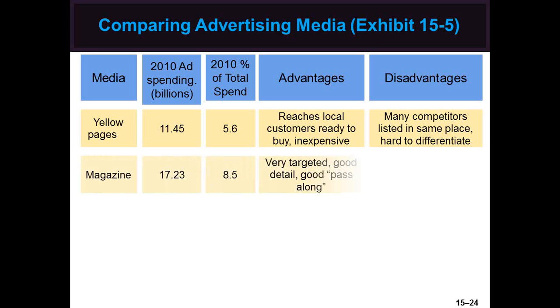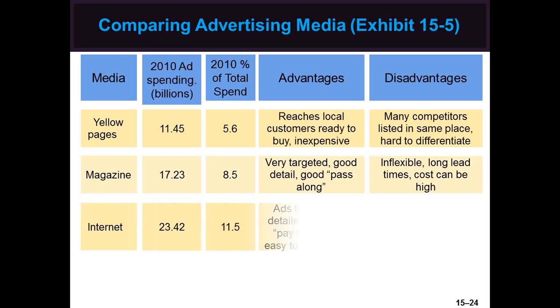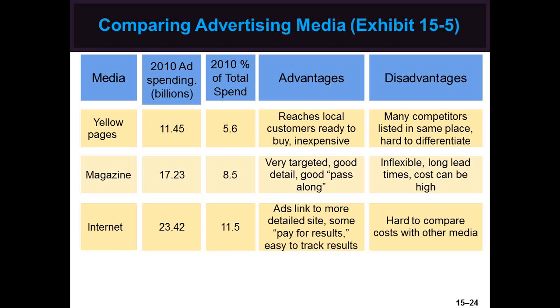Disadvantages include inflexibility and long lead times. Internet ads link to more detailed website information, some with pay for results, others offered to the advertiser, but it's difficult to compare total costs with other types of media.